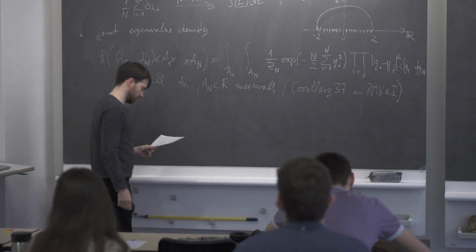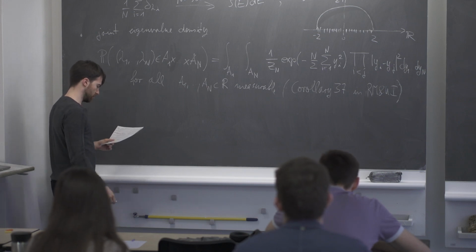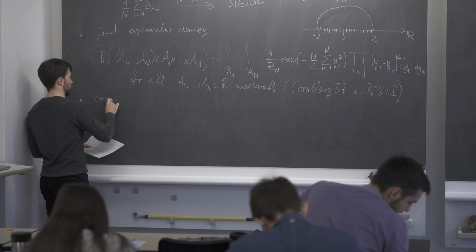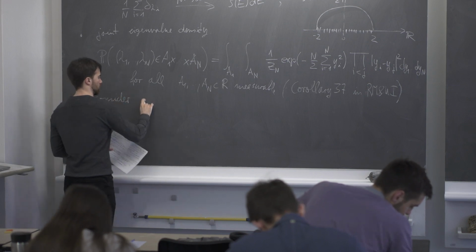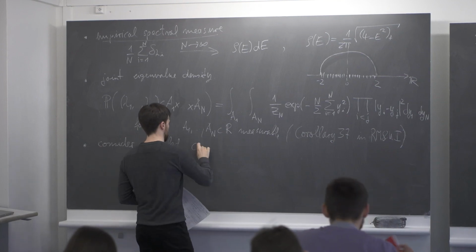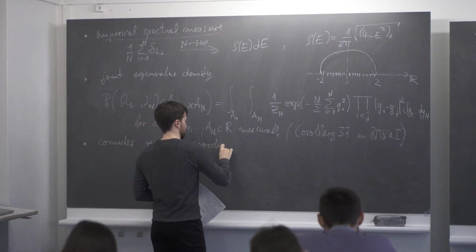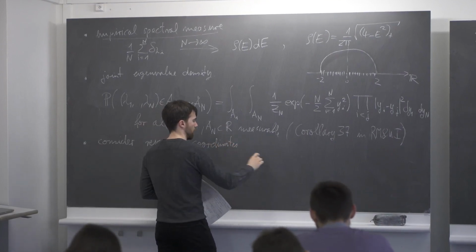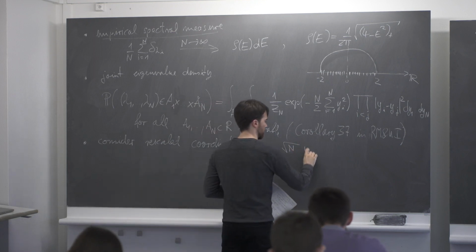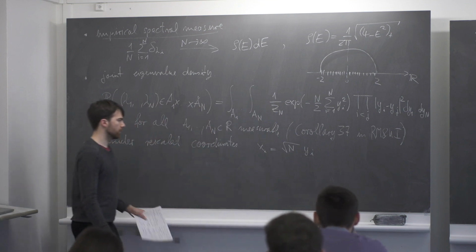Okay, and then the next thing we did was we looked at k-point correlation functions, and there it was somewhat helpful to look at rescaled coordinates. So consider the rescaled coordinates x_i equals square root n times y_i.